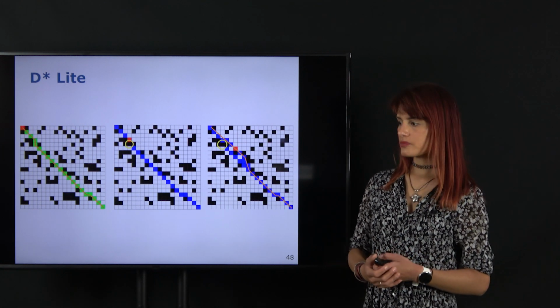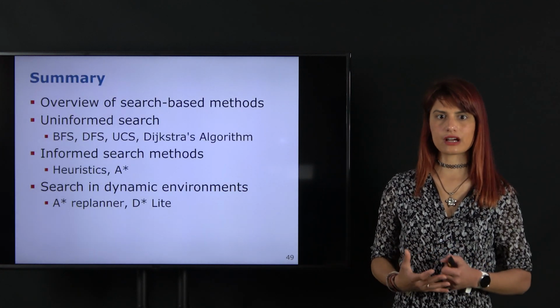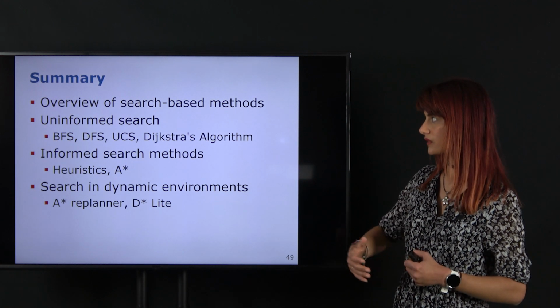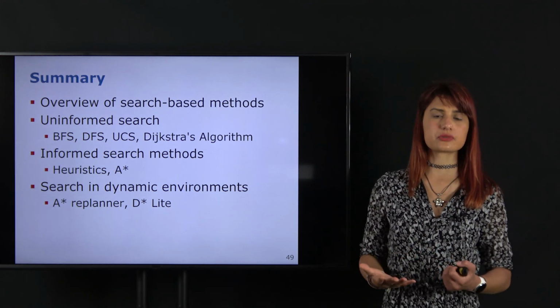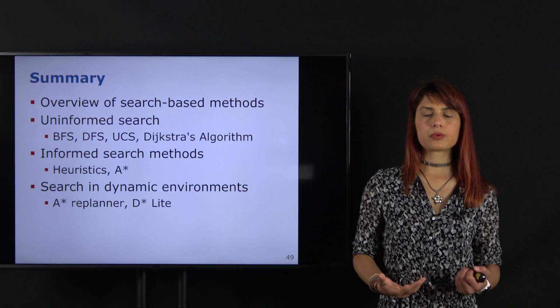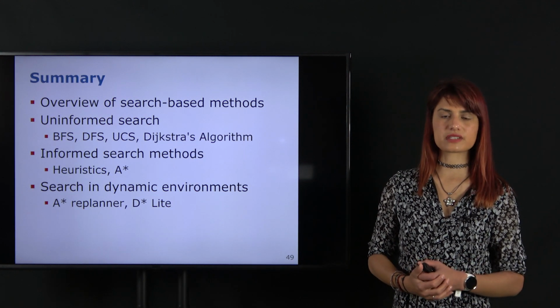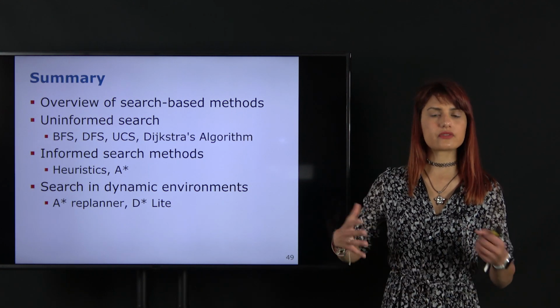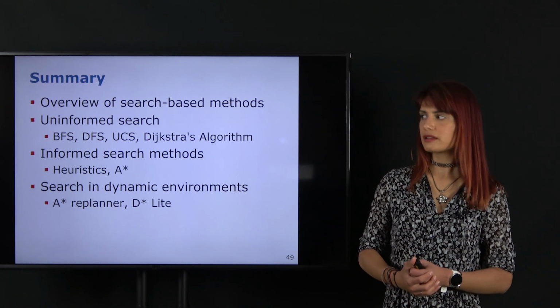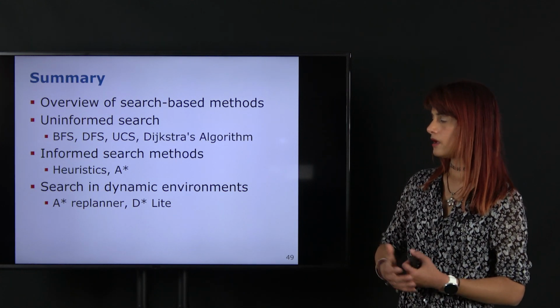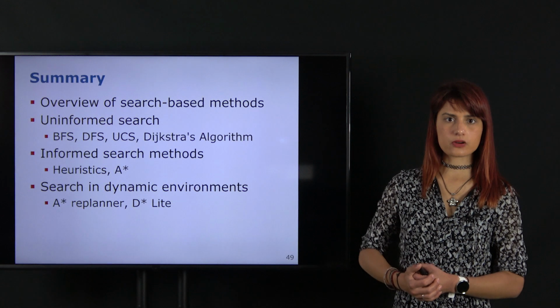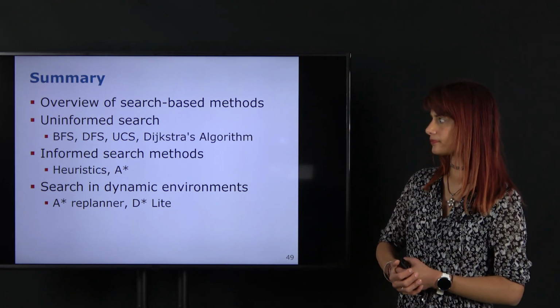So with this we come slowly to the end of the lecture and the final summary. So we first overviewed search-based methods, the key inputs we need for our algorithms and how to implement them, giving a very conceptual high-level scheme. Then we moved on to look at uninformed search strategies.